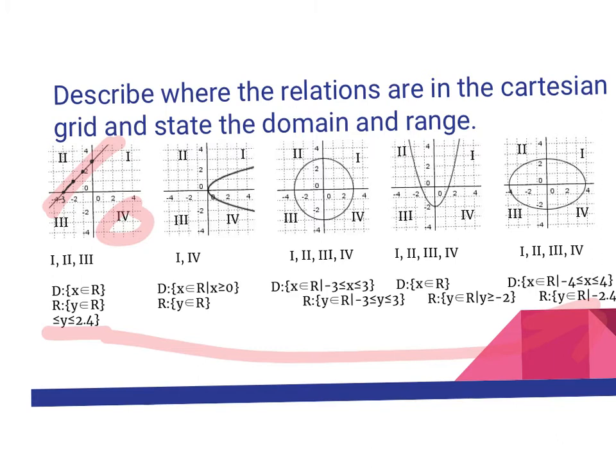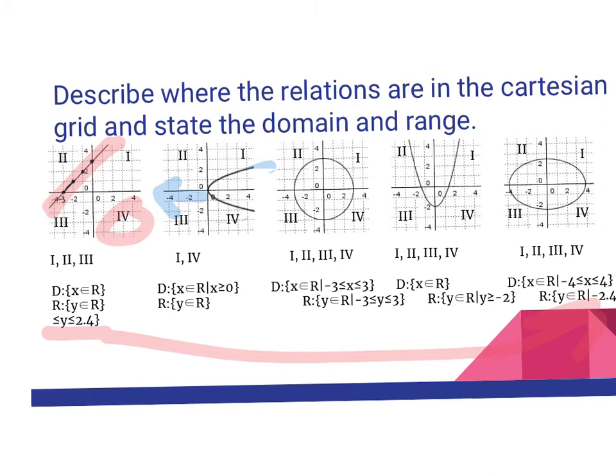So this x equals y squared graph that we've looked at before, the one that goes like this, is in only quadrants 1 and 4, and it has a restriction. Because as you can see, because it's only in quadrants 1 and 4, the x value is never negative.